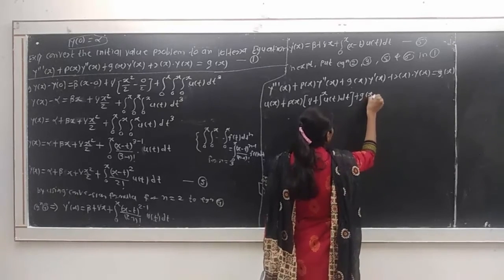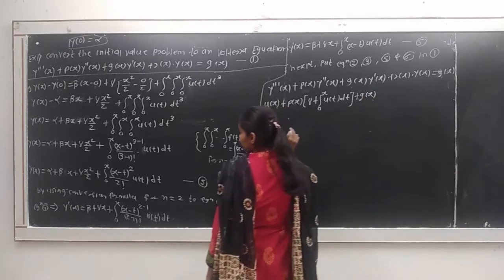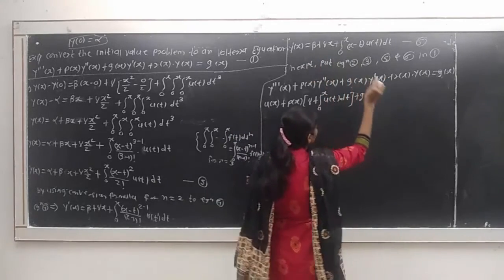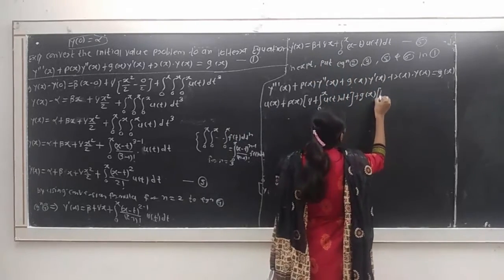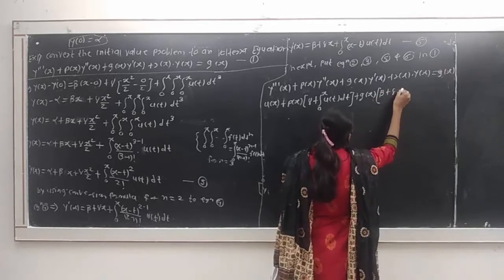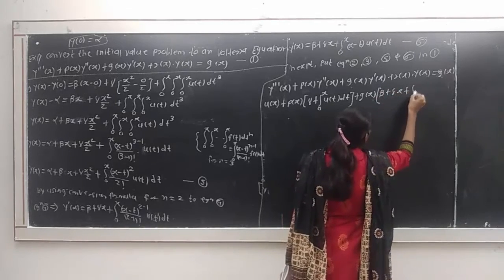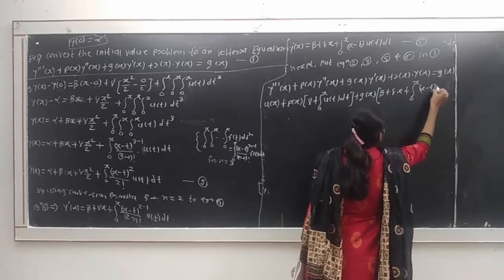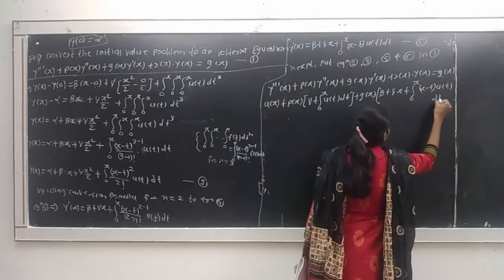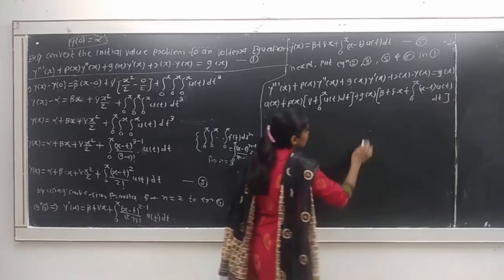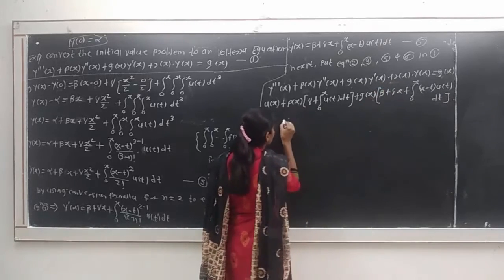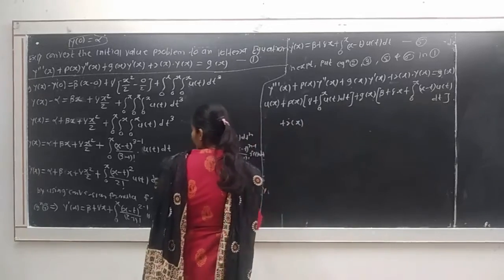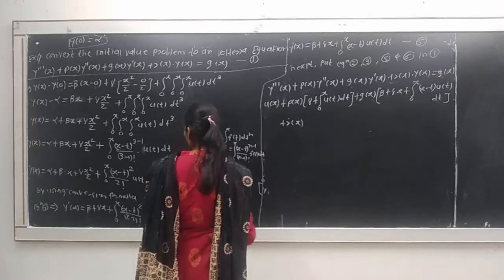q of x, with y dash of x from equation number 6. Y dash of x will be this, that is in bracket beta plus gamma x plus integration from 0 to x of (x minus t) into u of t dt, bracket complete, then plus r of x and the value of y of x from equation number 5.